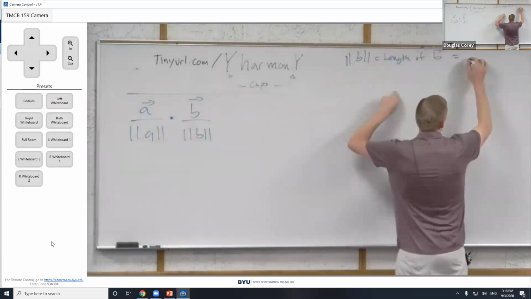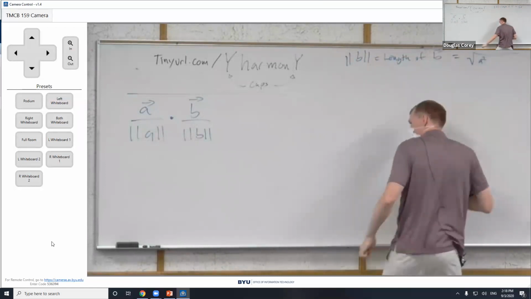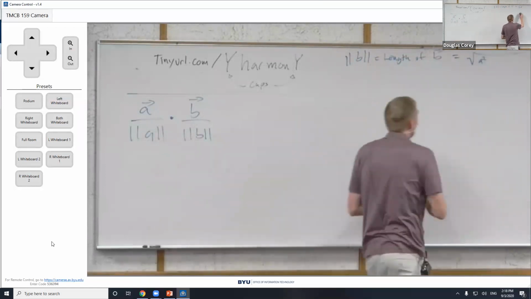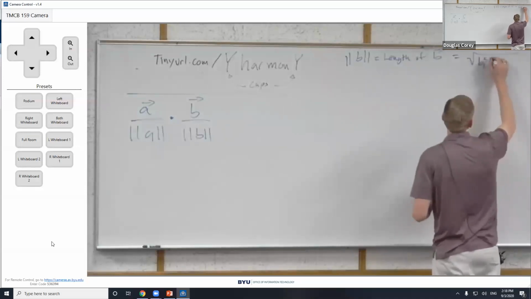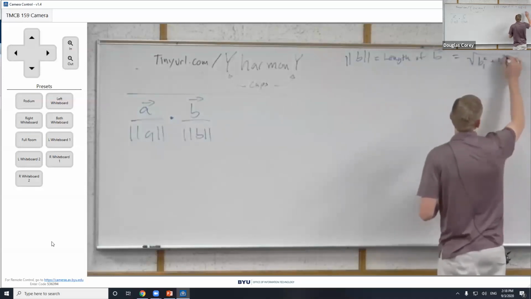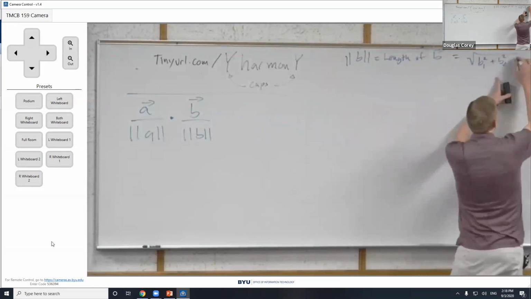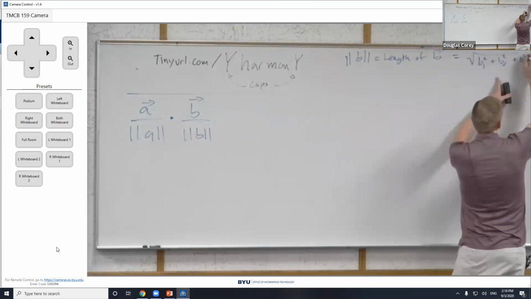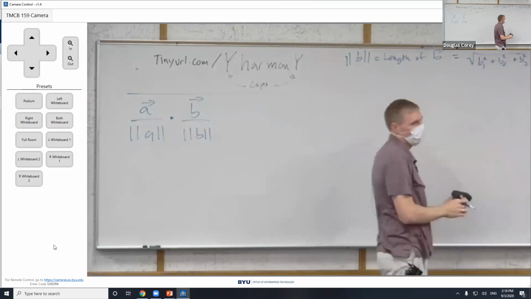We use the Pythagorean theorem or generalized Pythagorean theorem to figure that out. This is if we just had two components in B. If you have more components, you just continue the same pattern. You square them all and add them up and then take the square root.